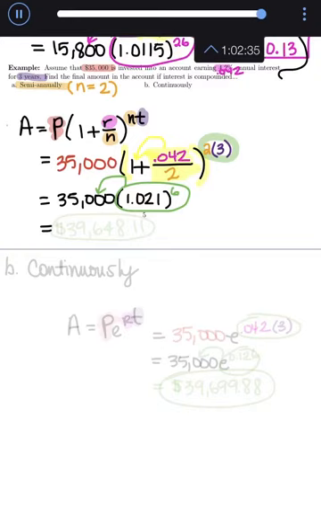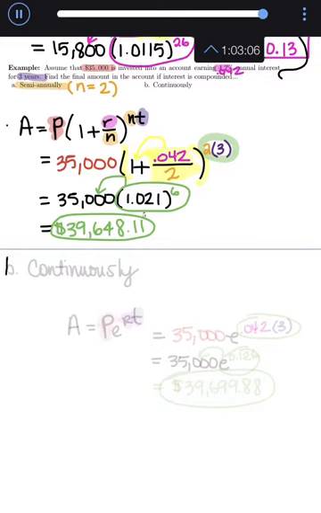So when we take that 1.021 and raise it to the 6 and then multiply it by the 35,000, we end up with a final amount of $39,648.11. So that's your 35,000 you started out with, and the interest has already been added on automatically. That's your final amount of how much money you'd have in your account. That's your answer to part A.